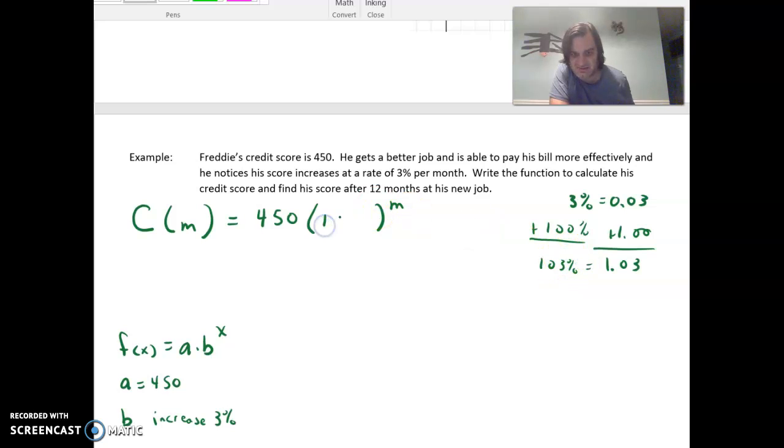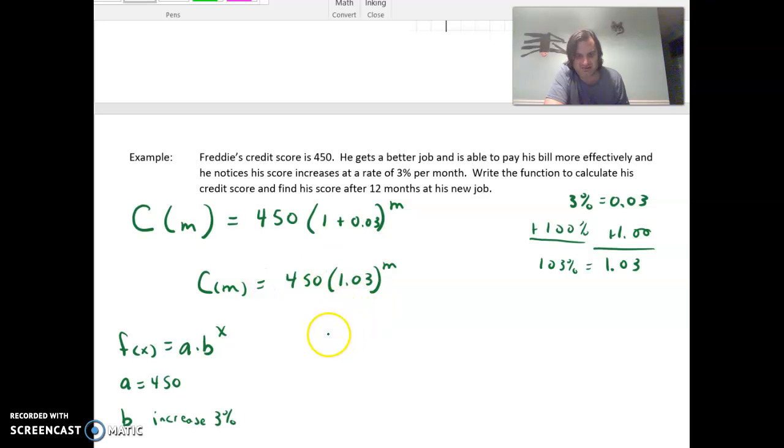So you can look at it as 1 plus 0.03, or we can clean that up to 450 times 1.03^m. So what that does is it keeps the original 450, because the 1 here will just be a multiplier, and the 0.03 is what tacks on the 3%.